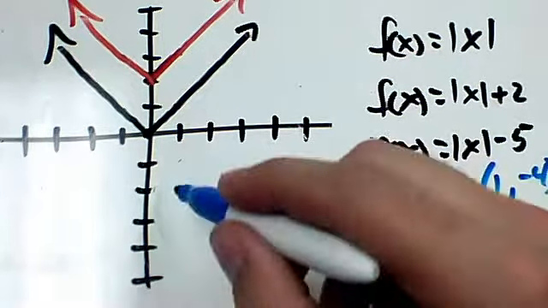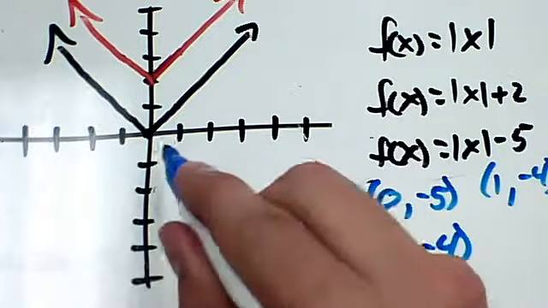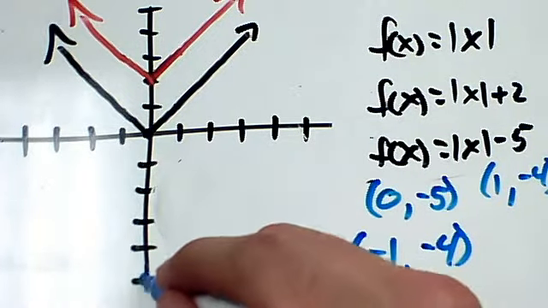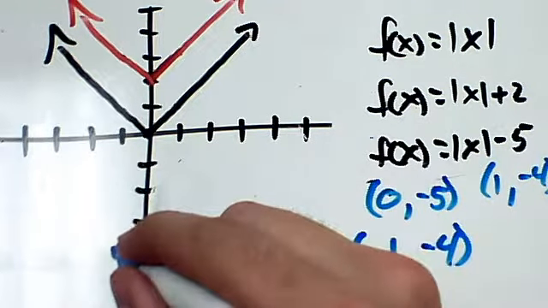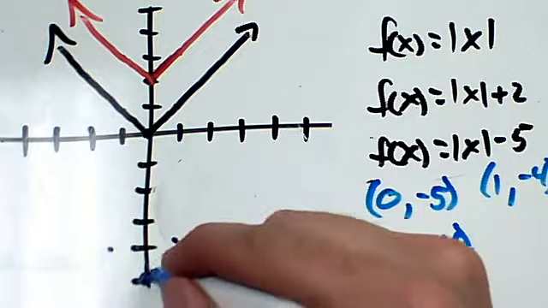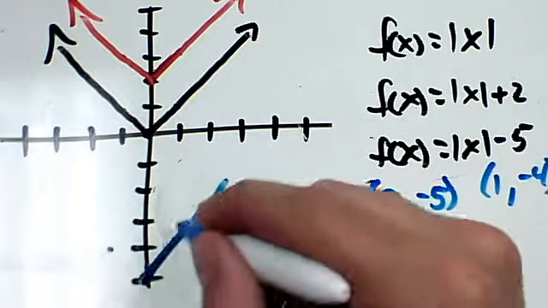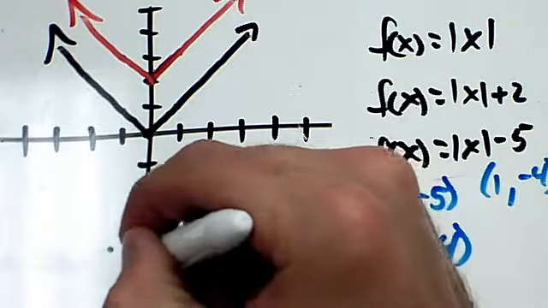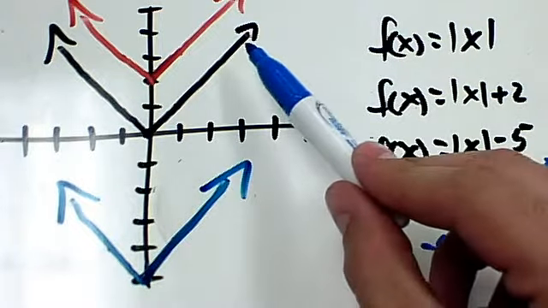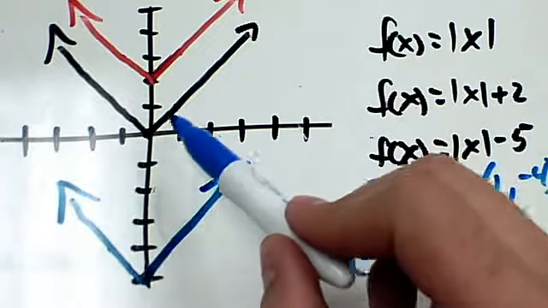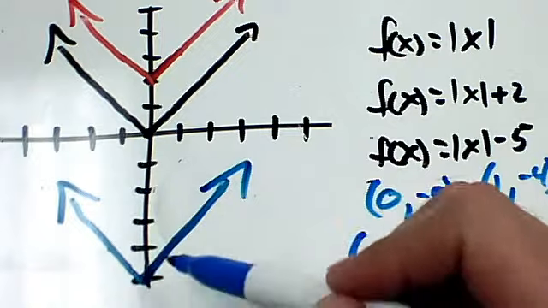And so we should end up getting this. So we have 0, negative 5, 1, negative 4, and negative 1, negative 4. And we should get a function that looks somewhat like this. And notice, all you're doing is taking the parent function and shifting it down 5 units.